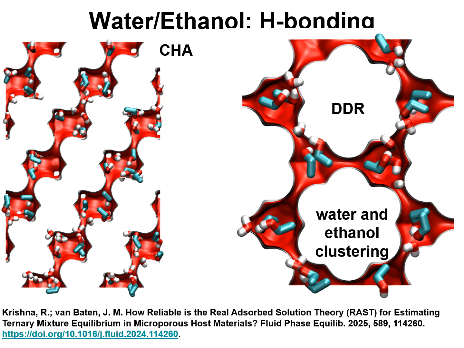For adsorption of mixtures of water-ethanol, water-methanol, and methanol-ethanol in microporous crystalline materials, we have the phenomenon of molecular clustering due to formation of hydrogen bonding, and the ideal adsorbed solution theory will fail to provide a quantitative description of mixture adsorption equilibrium.